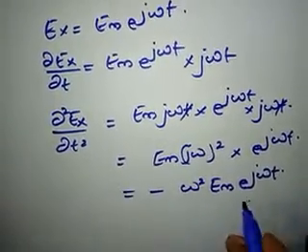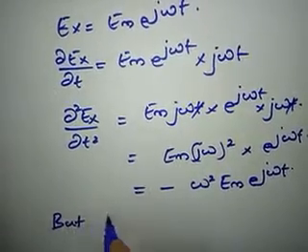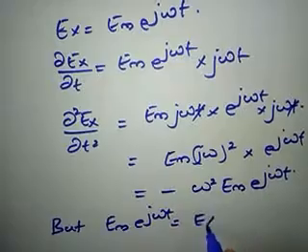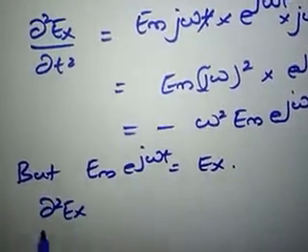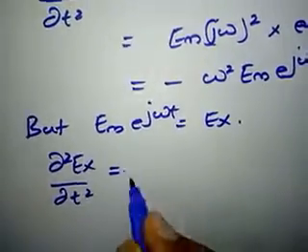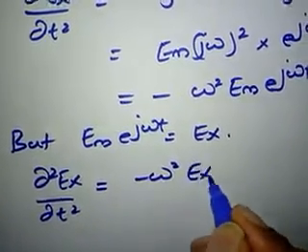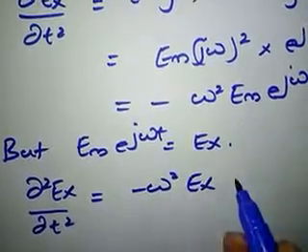But what is Em e raised to j omega t? Em e raised to j omega t is equal to Ex. So we can write dou square Ex upon dou t square as equal to minus omega square Ex, because Ex is equal to Em into e raised to j omega t, that we have assumed previously.